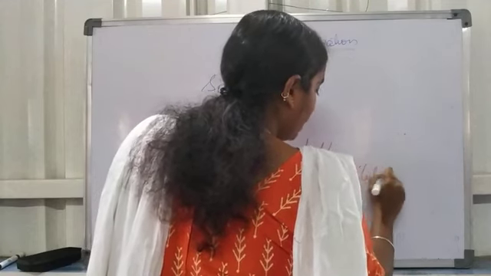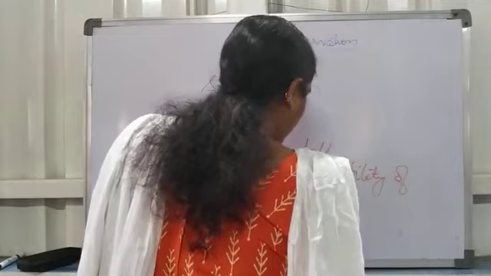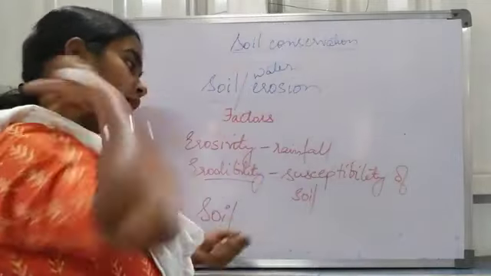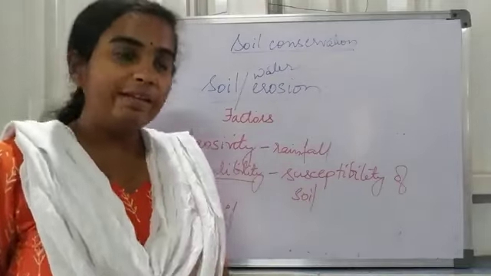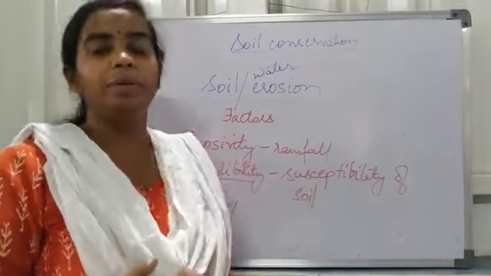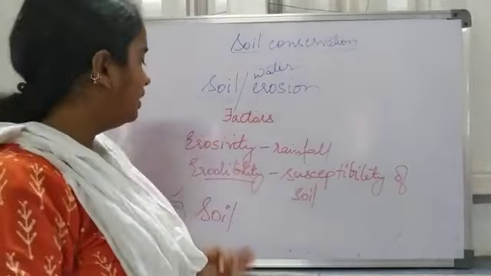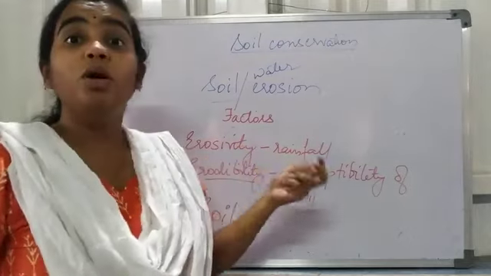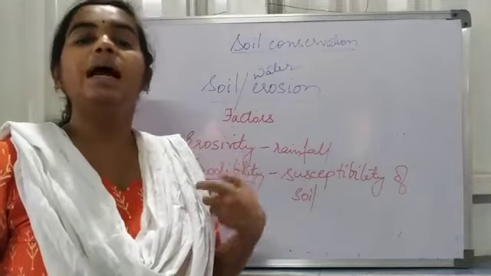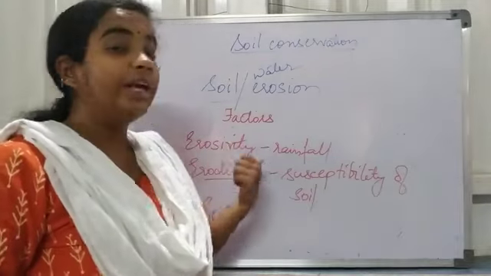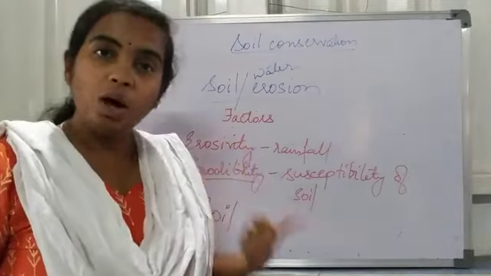If it is very susceptible, it will be eroded much faster. If it is non-susceptible, it will not be eroded faster. And erosivity talks about the rainfall or the water character, how much or at what rate it is eroding the soil from one place to another.